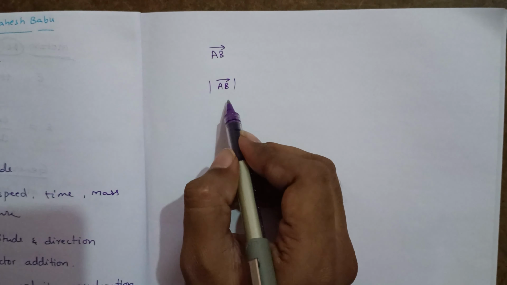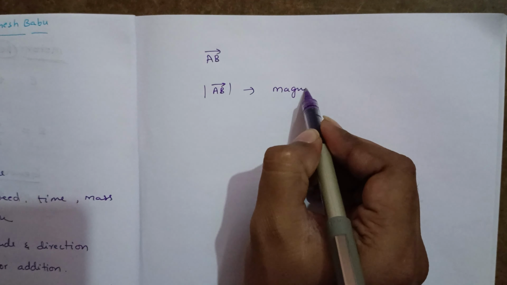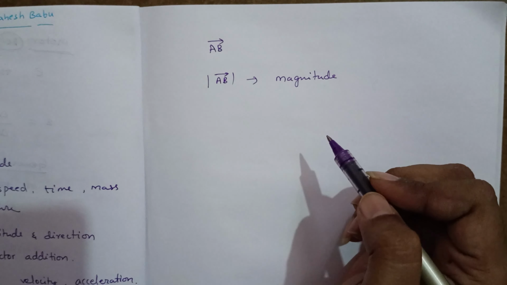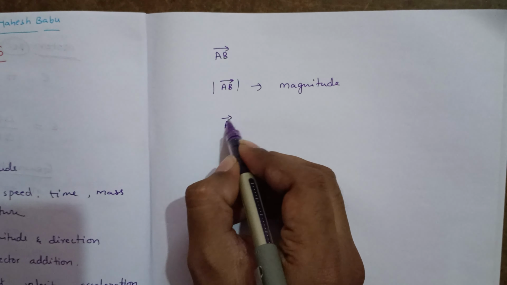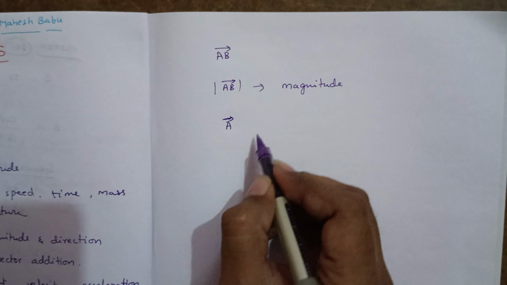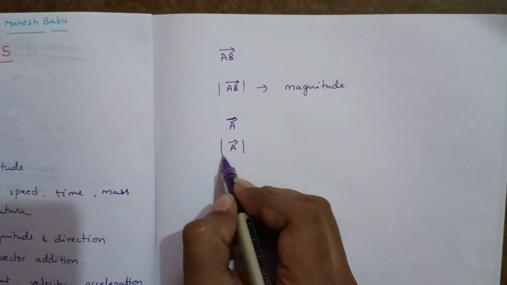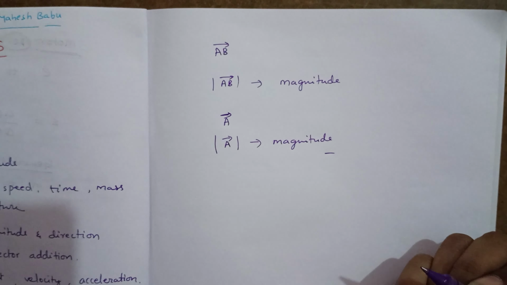Modulus of AB bar means magnitude of AB. For example, for a vector A bar, to take its magnitude, A bar modulus means magnitude of A. Like this we have to take.